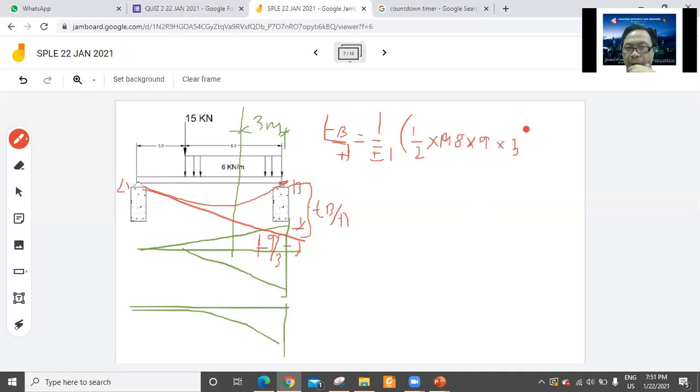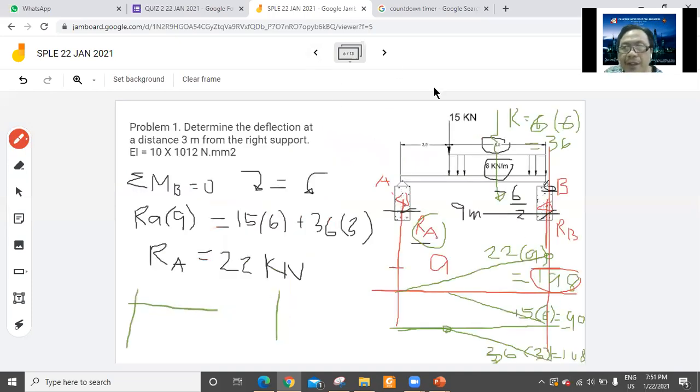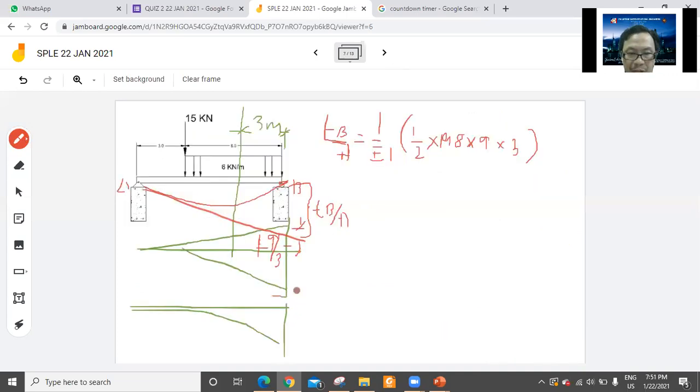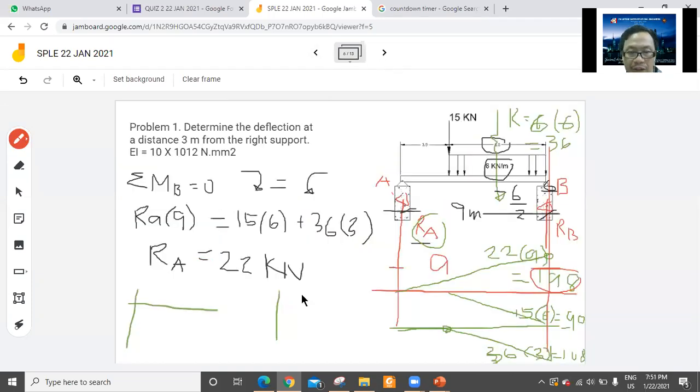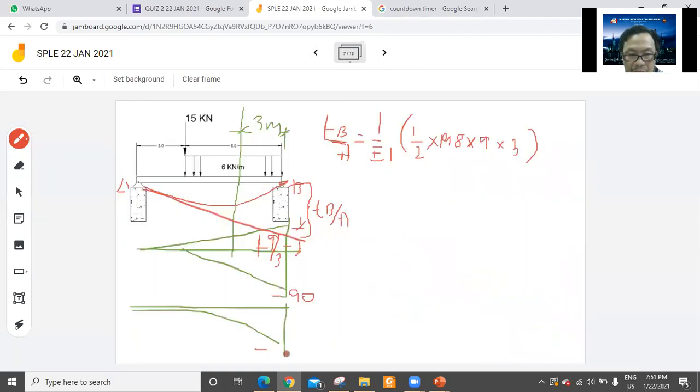That is for the positive. And then you have this negative value here. The negative value here is 90. And then this one is, I think, negative 108. Negative 108. So we'll just write negative.